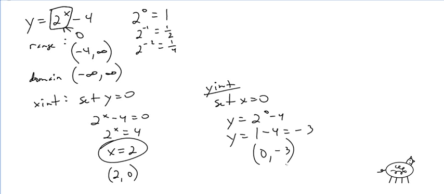Alright, let's do one that's a little more complicated. y equals negative 2 to the negative x plus 7. Let's look at our range.